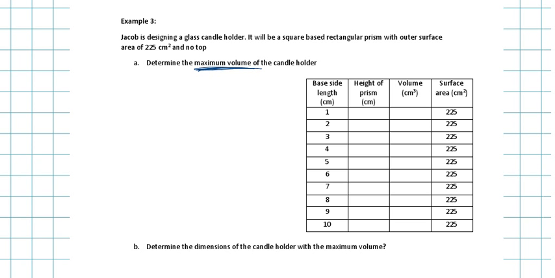So we have a square at the bottom, and a candle holder with no top. I know I can't draw. That's okay. I know that my bottom has the same side lengths. Now how would I do this?